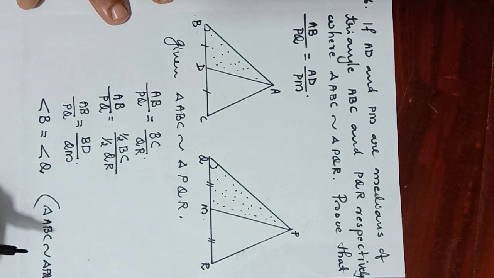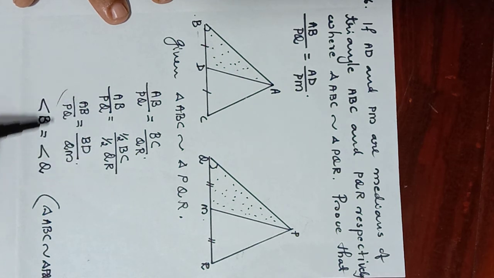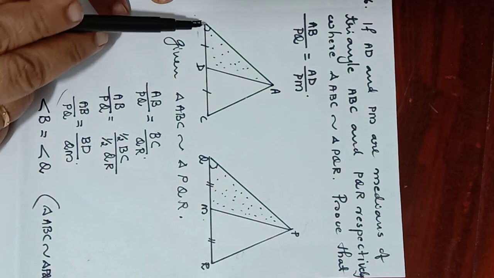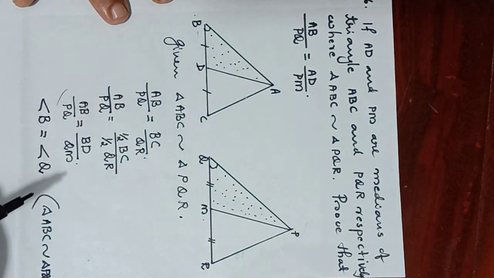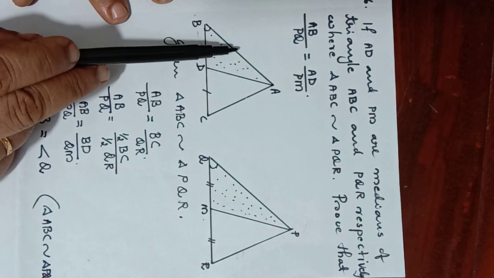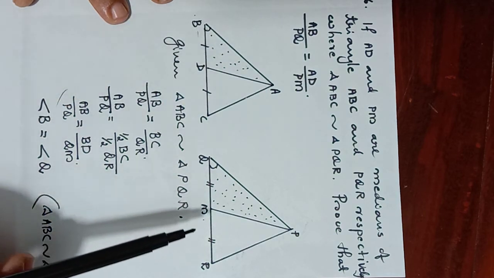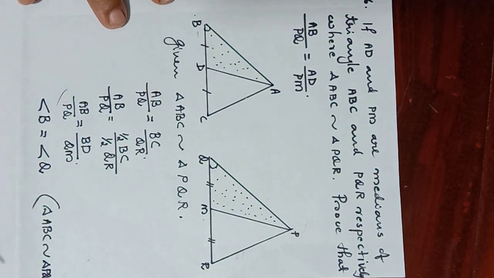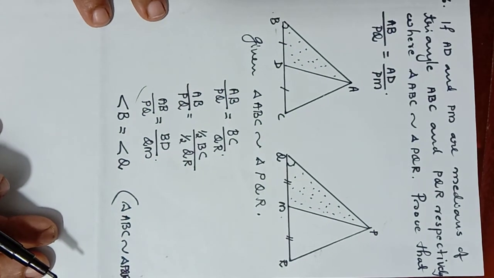So now we have two sides proportional and included angle equal. Therefore, by SAS similarity criterion, these two triangles are similar. That is the next step.